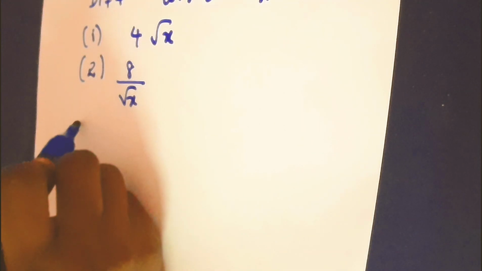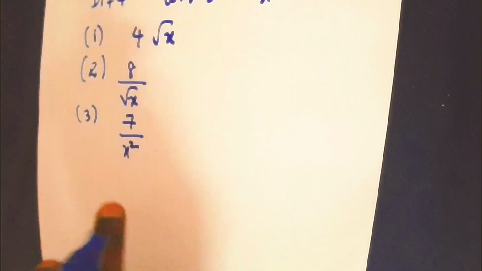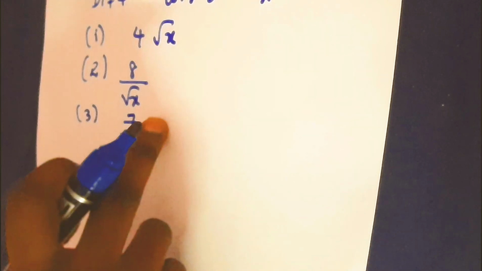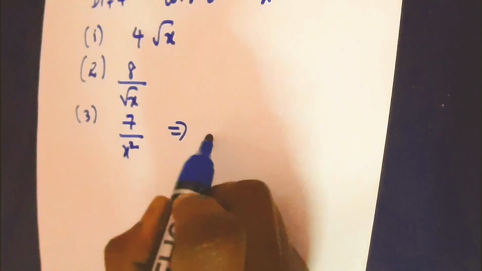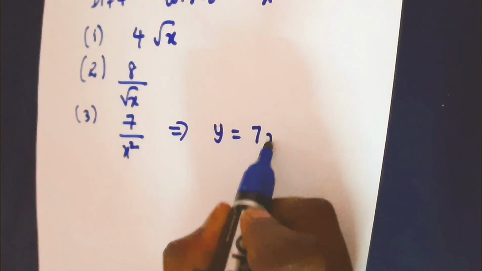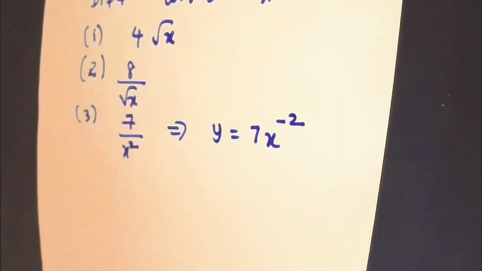Okay. And then you can also do the problem 3, 7 by x square. Here also bring x square to the numerator, become x to the power minus 2. Okay. If you want, I can give you a hint. Y is equal to 7 into x to the power minus 2, and then differentiate. Okay. Are you all following?